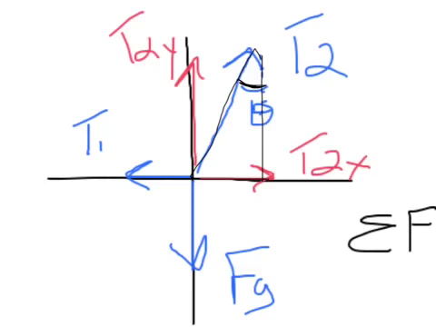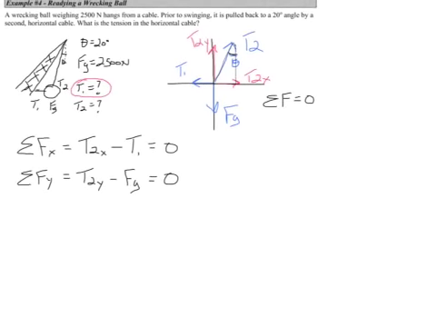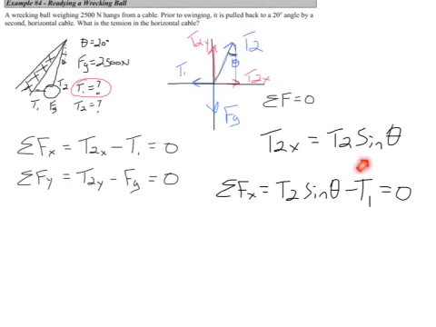Right here, this is our T2y, and here's our T2x. So T2x is opposite our reported angle. So we can come up with an expression for T2x like this. It's T2 sine theta, because T2x is opposite that reported angle.